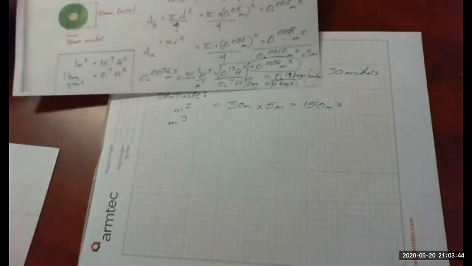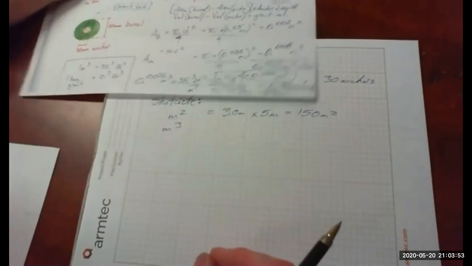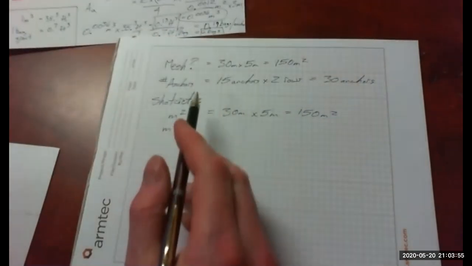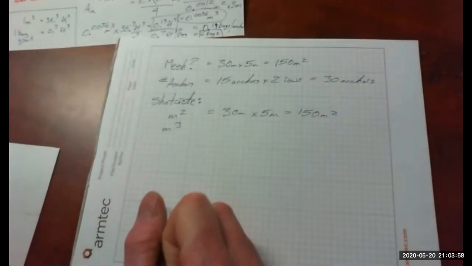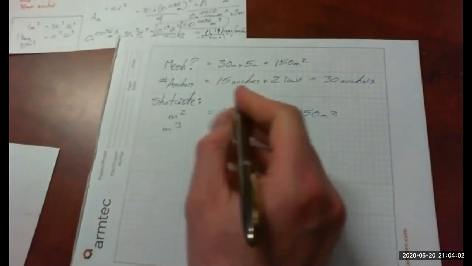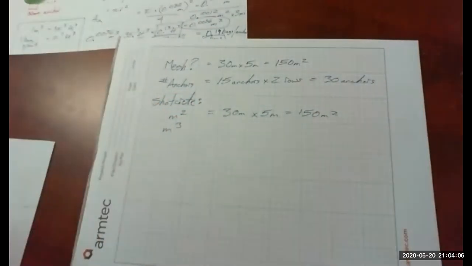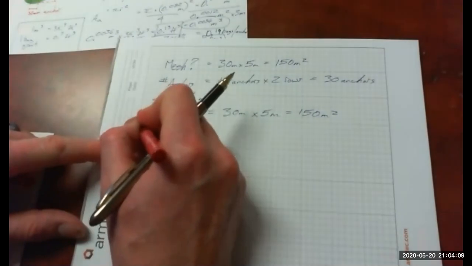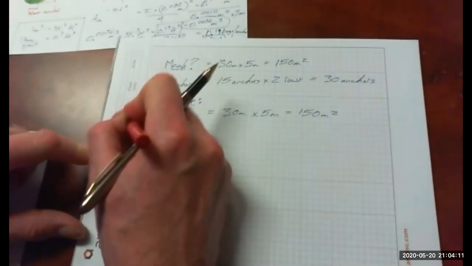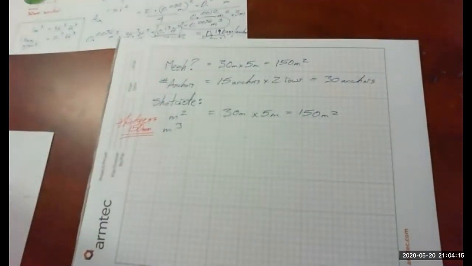So what's the cubic meters of shotcrete that we need? So let's say that the thickness of the shotcrete is, let's say it's 150 millimeters, just for our example.